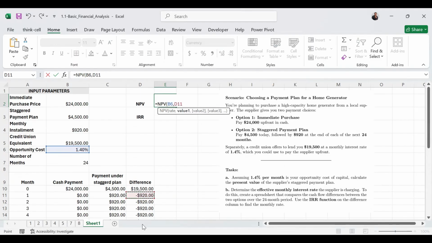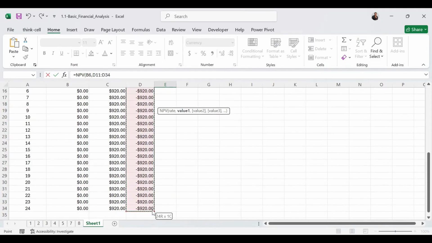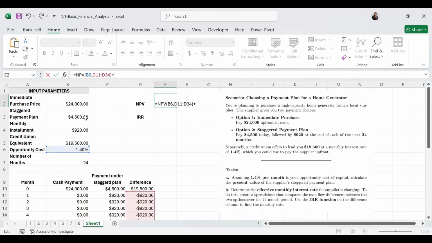We take this difference down to row 34, close the bracket and add our first payment, and that gives us $856.